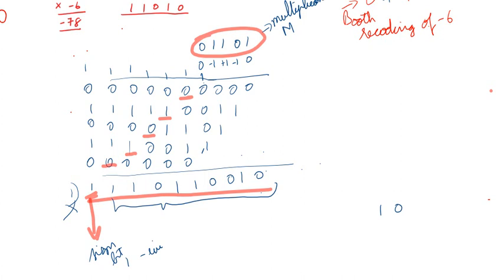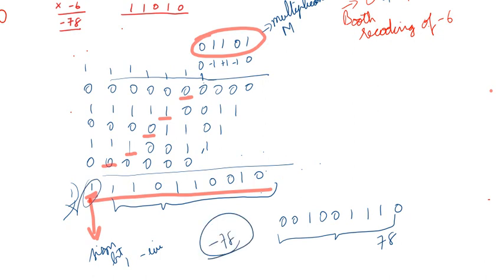After this one you convert all the zeros and ones to complement. Okay, so it will become 1 0 0 1 1 1 0. This is your 78. Because the sign bit is 1, we can say the answer is minus 78. So this is minus 78 representation. Got it?